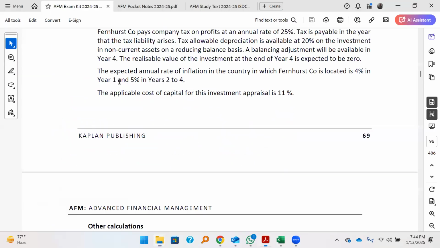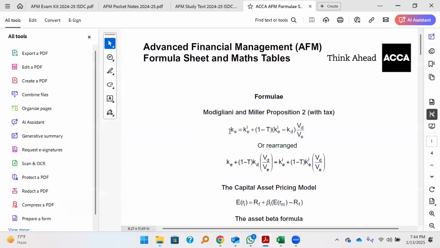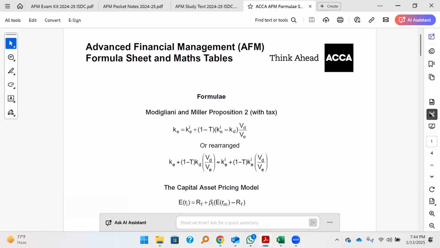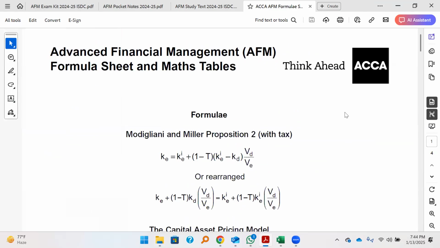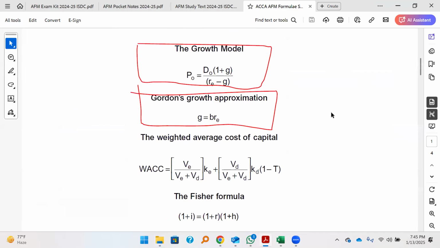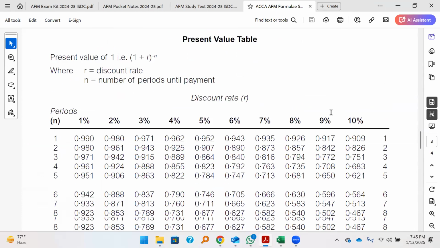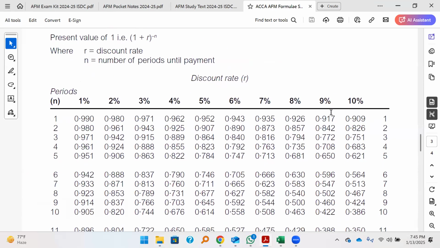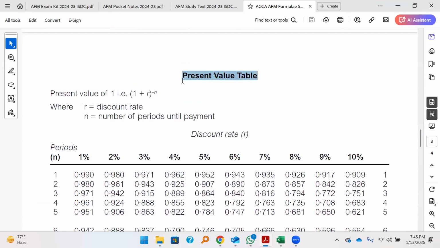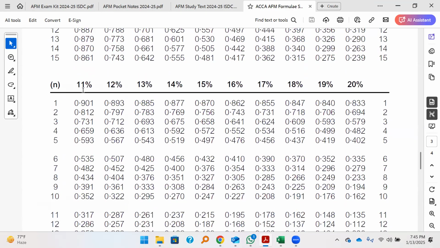So the tables are given to you in the exam as part of the formula sheet. So that's what I've been pulling out. So now the tables are given to you here. We are doing present value, so you can just come to this present value table. 11% is here. Then you can pick figures.